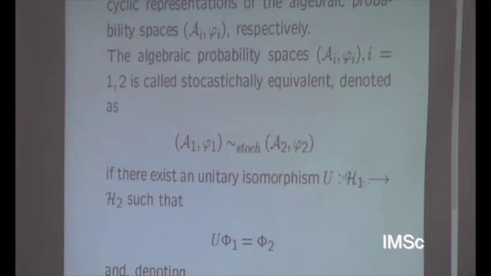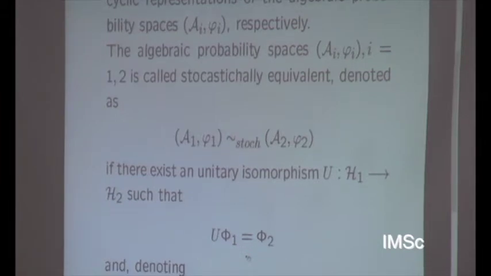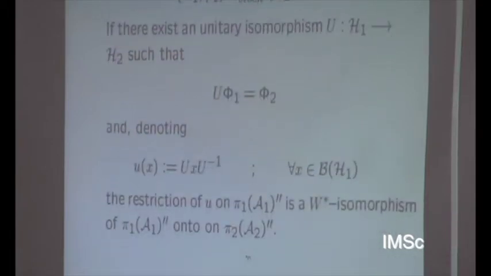So there is a unitary isomorphism between the space H1 of the cyclic space of this representation and the cyclic space of this representation, which intertwines the cyclic vectors, and with the additional property that if I define the star homomorphism given by this, it is a star isomorphism at the level of all bounded operators in Hilbert space.